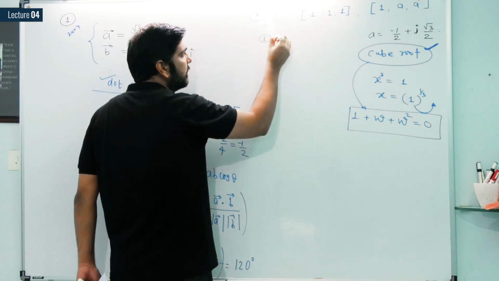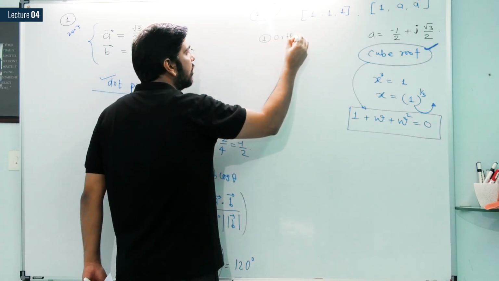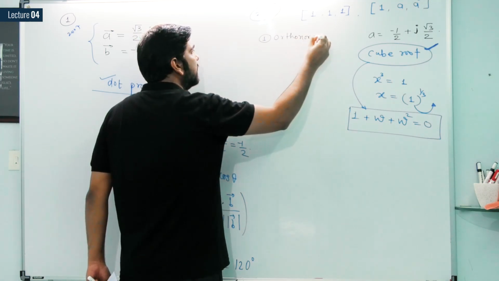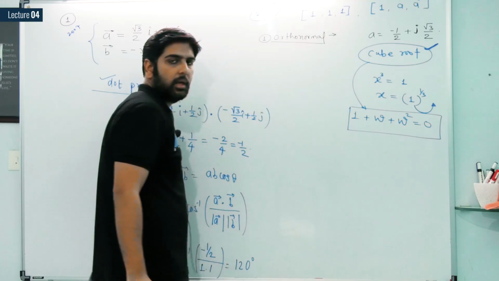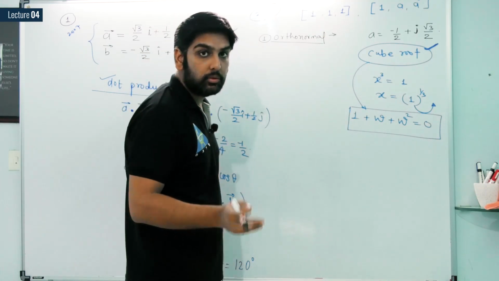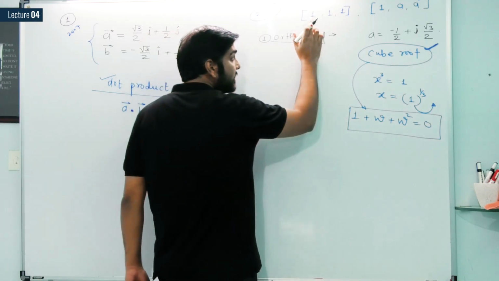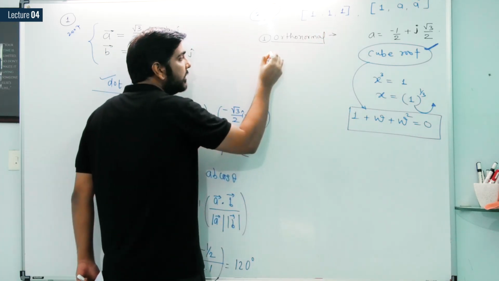For orthonormal vectors, we need to check the magnitude. So here you can see 1, 1, 1. So is the magnitude 1? If you are saying 1, 1, 1, then what will be the magnitude?